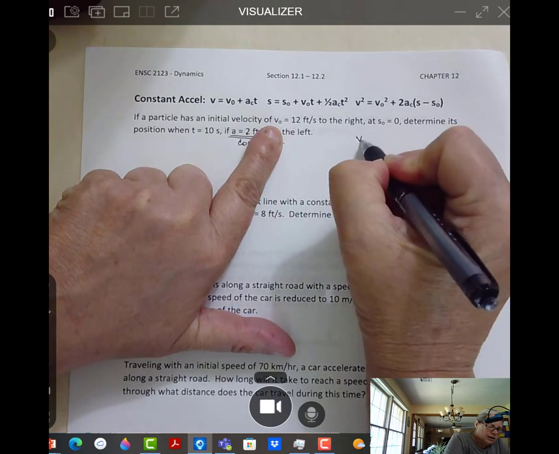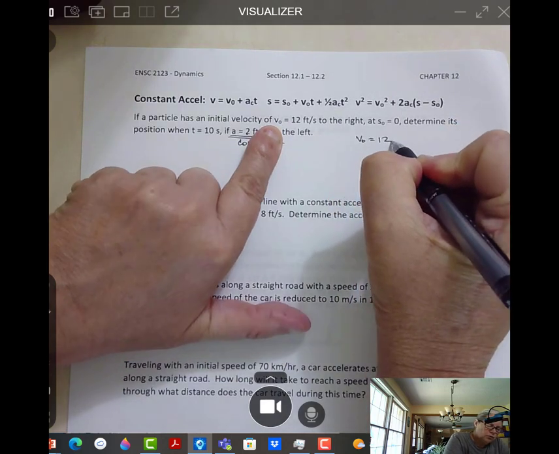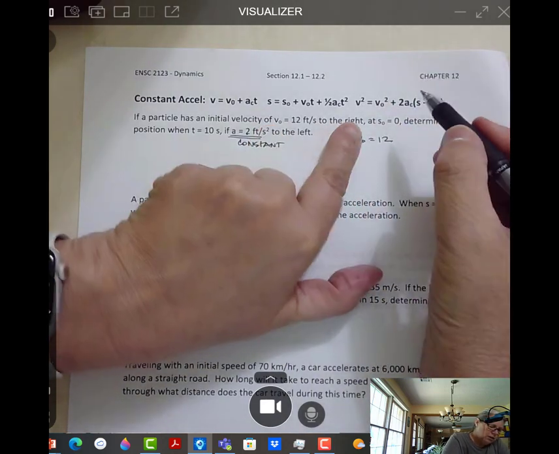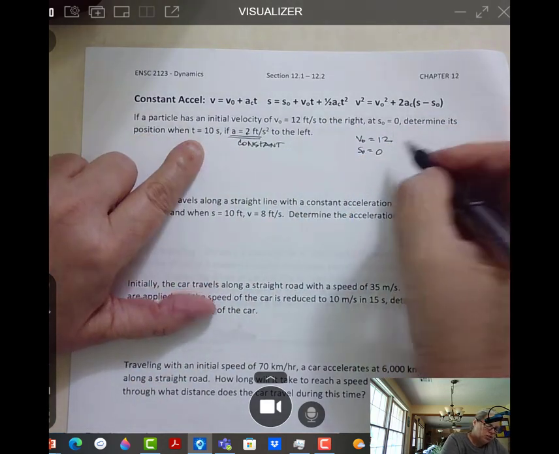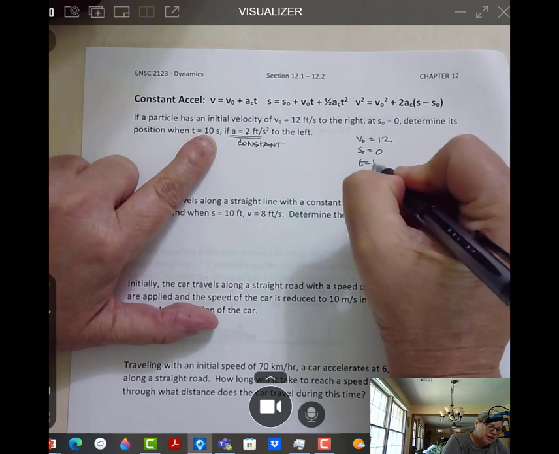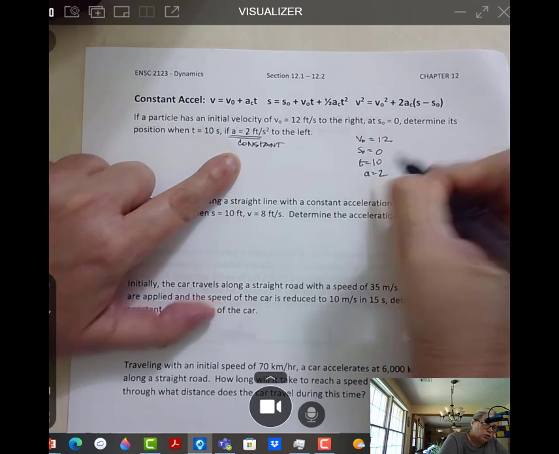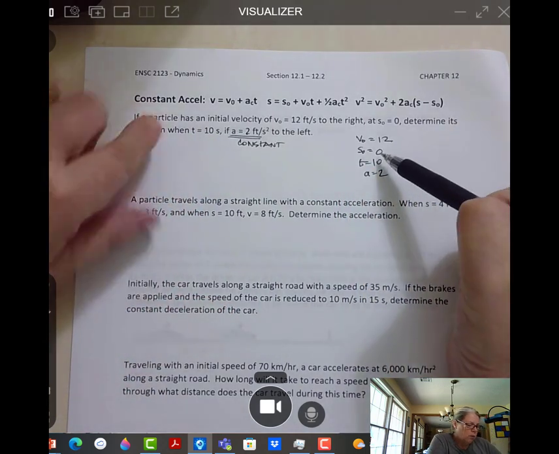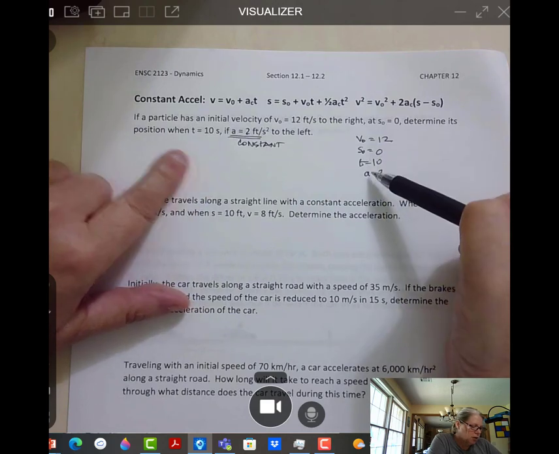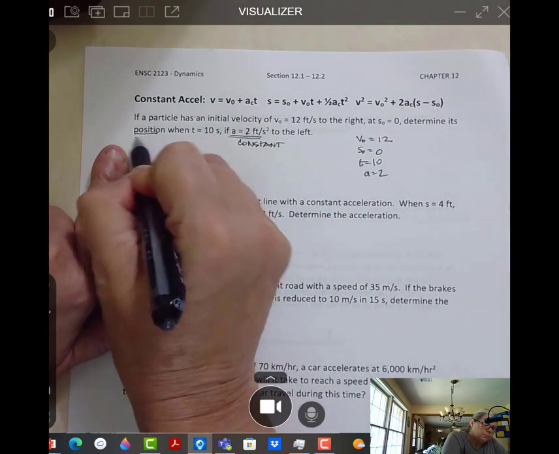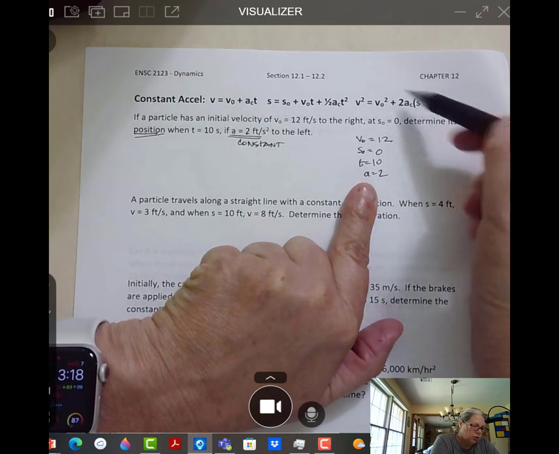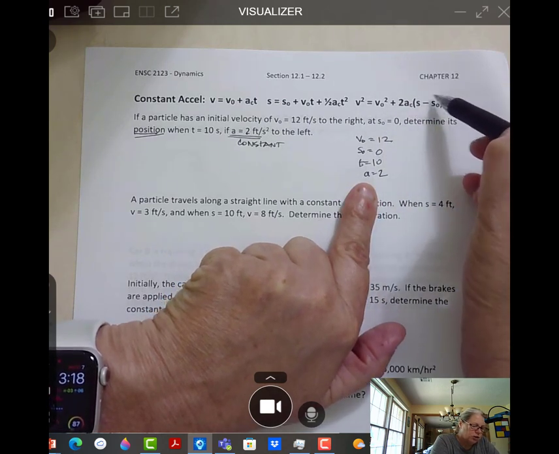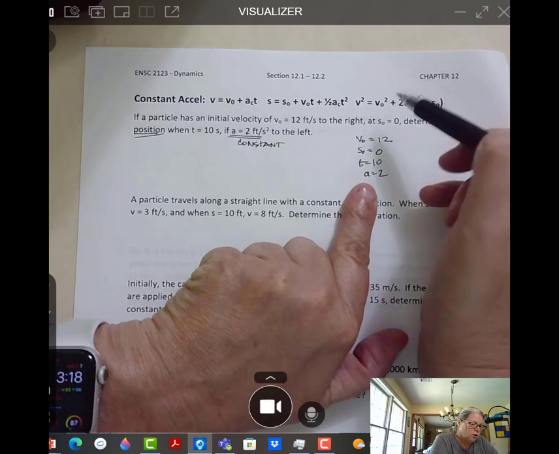So we know our initial, and we want to determine its position. We do not know the final velocity, so that might make this one hard to determine our final position.